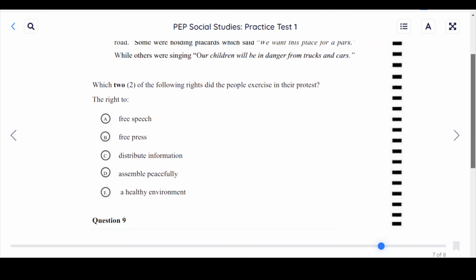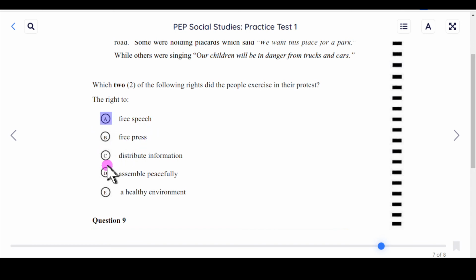So let's go with this now. What are the rights that they exercise? Well, they're definitely exercising free speech. In some countries in the world, if they ever go out there, they get beaten. Can't do that. You can't talk against your government, right? But in democratic countries, we have the right to free speech. Free press, that's not a right that those people have. Free press exists in democratic countries, yes, but the people themselves are not a part of the press.